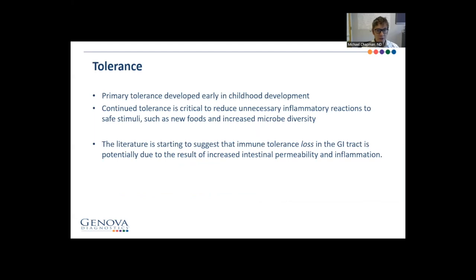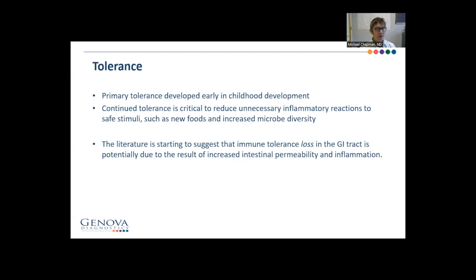When it comes to tolerance, primarily tolerance is developed early in childhood, and continued tolerance is critical to make sure that we're not overreacting to things that we should be considering as safe. And the literature is really starting to suggest that immune tolerance loss in the GI tract is potentially due to increased intestinal permeability and inflammation.